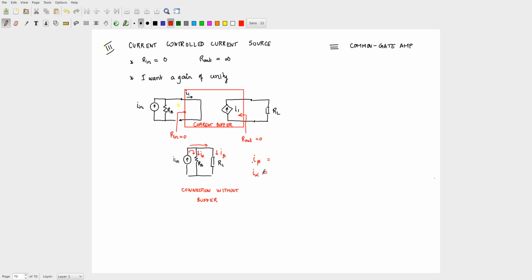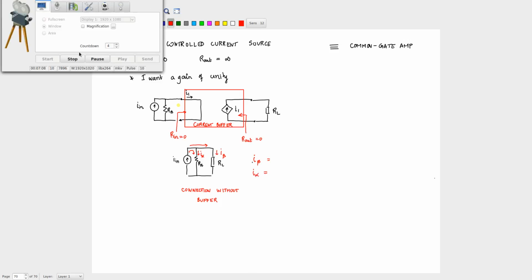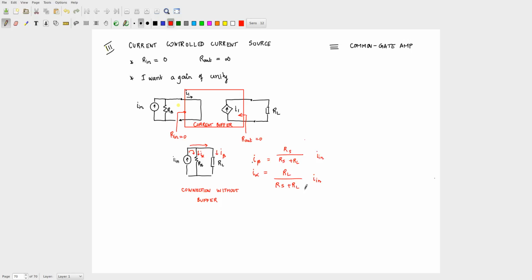Vivek? R out is infinity. Thank you. R out is infinity. Yes.